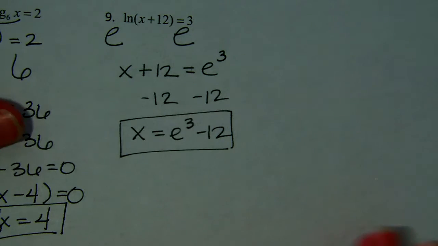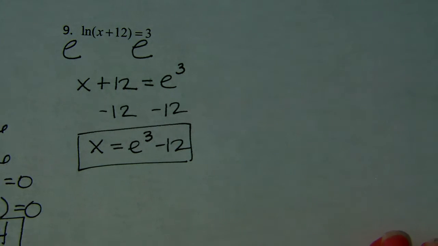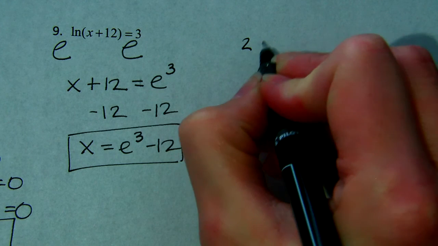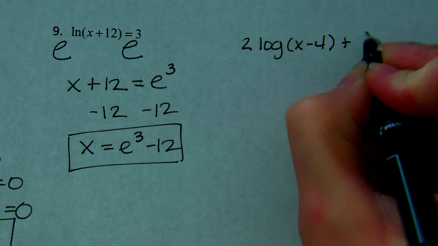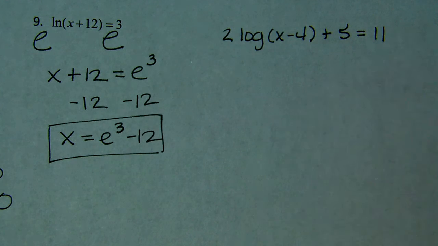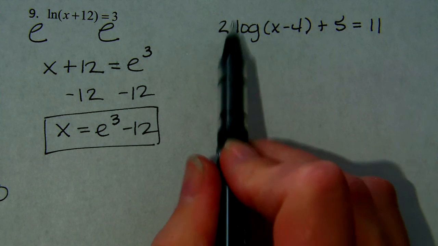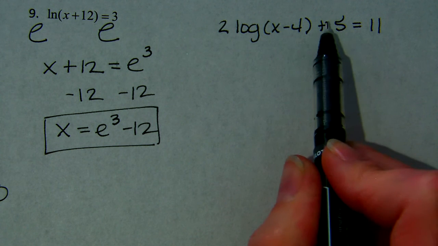All right, there's one more equation I want to show you because there isn't one like it on this note sheet, and that is if we have like 2 log of x minus 4 plus 5 is equal to 11, let's say. And so what you can see is that that 2 is out in front. I've got a plus 5 over here.